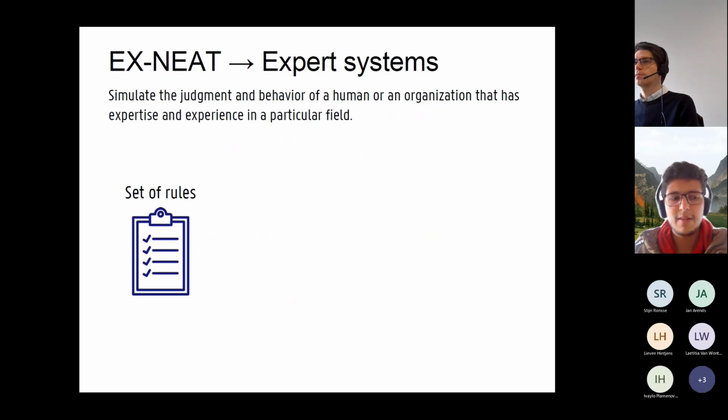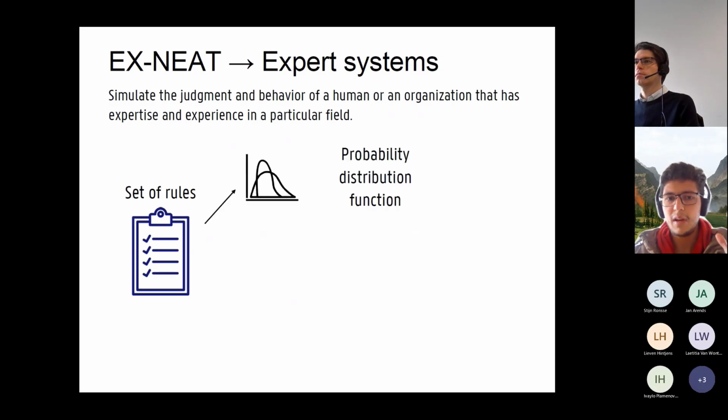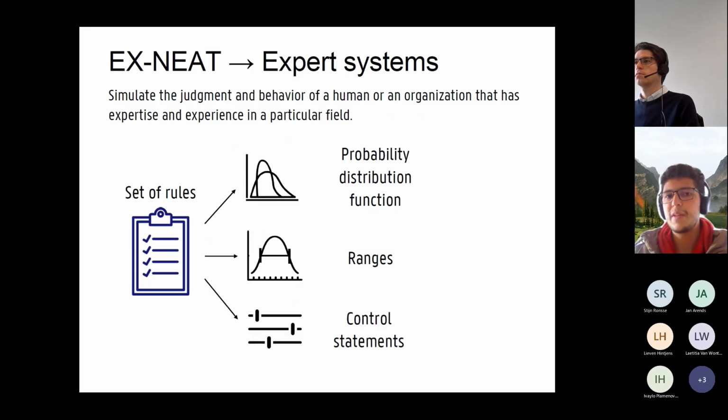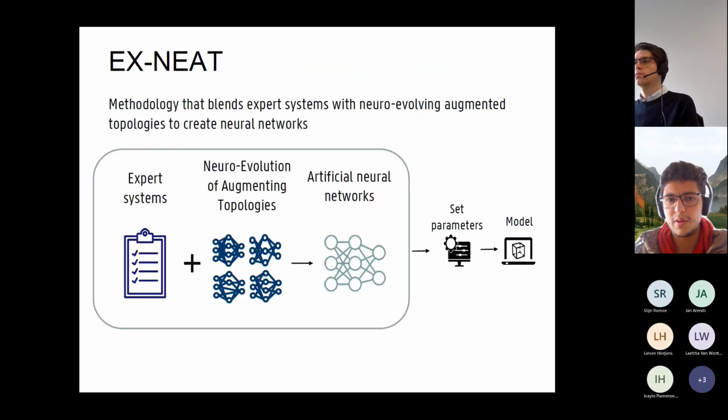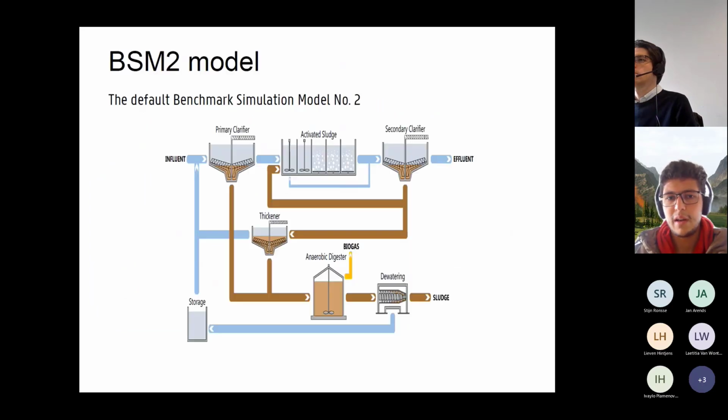These expert systems are basically a set of rules that let you compile all the probability distribution functions, the ranges, or the control segments that you have in your model, and that will be the one that fits the artificial networks that you would like to produce. So with all these components, you have the XNEAT methodology that allows you to create artificial networks to set the parameters you would like to encounter.